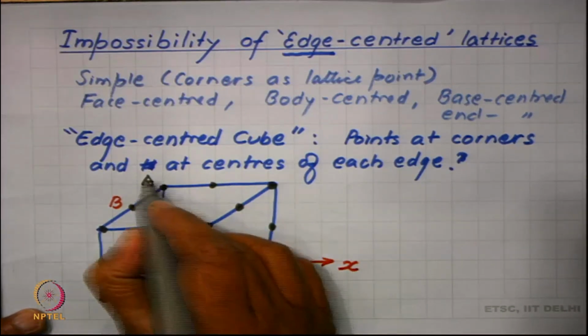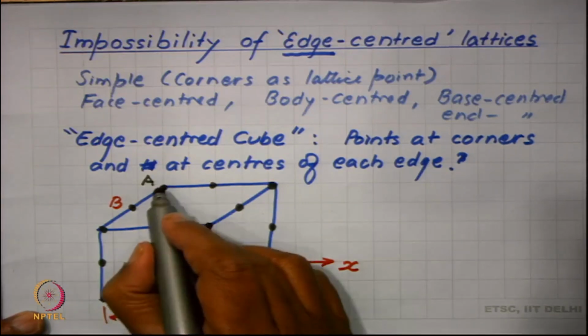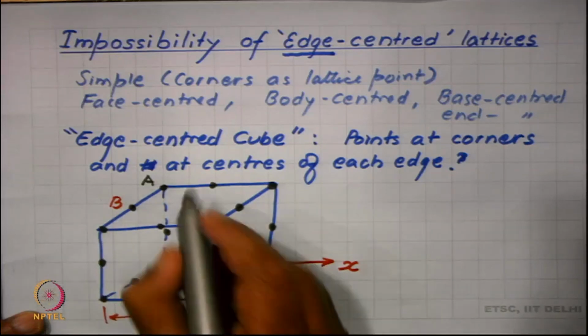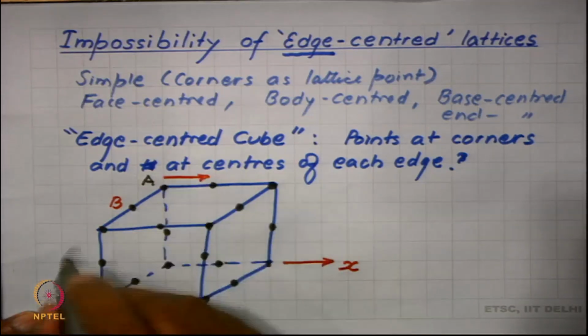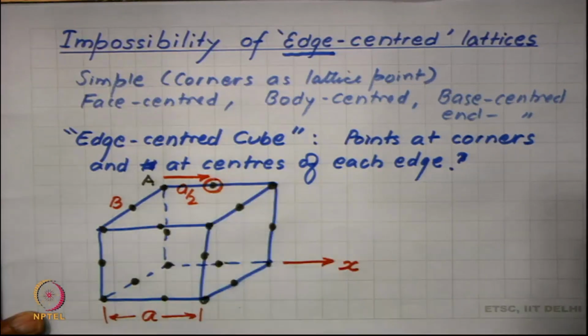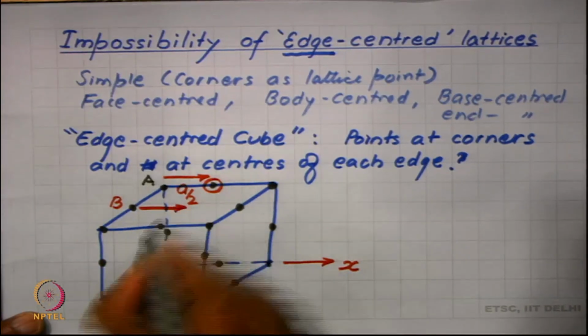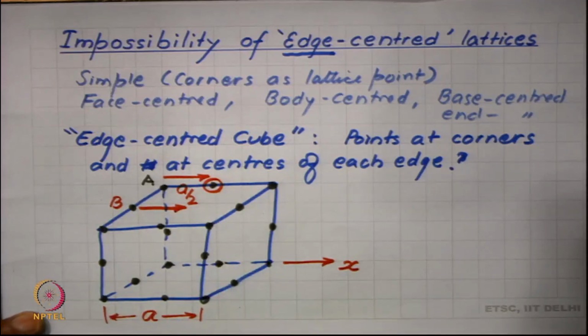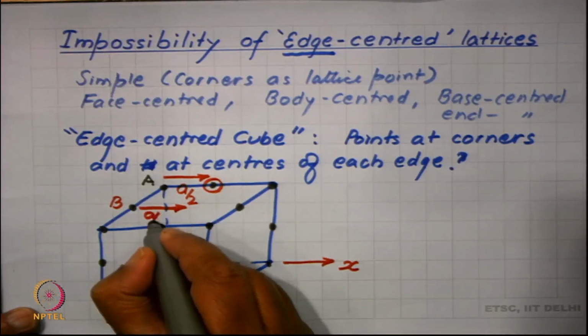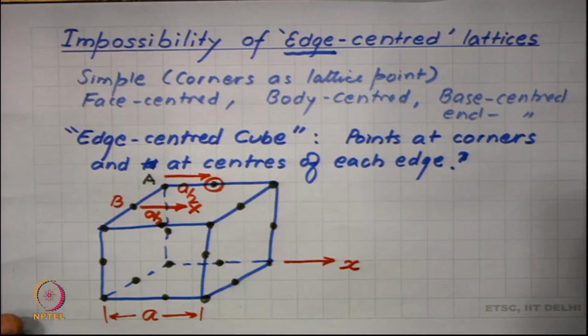So, if I move from A, and let me call the edge length of the cube a, so if I move from point A in the direction x, at a distance a by 2, I find another neighbor, this one. But if I move from point B in the same direction, that is in the x direction, the same distance a by 2, I do not find any additional point.